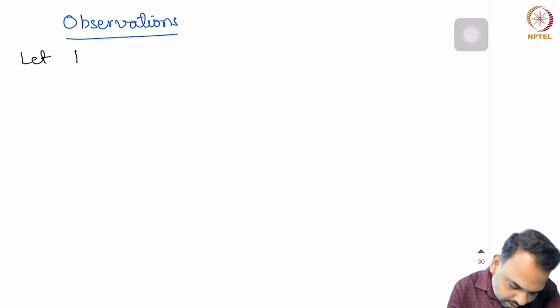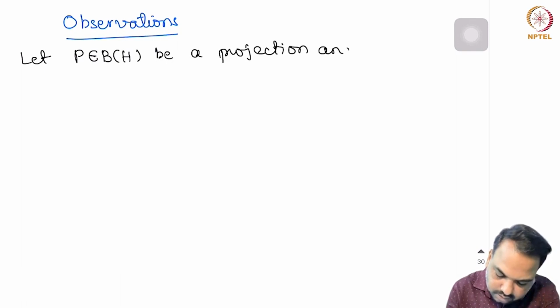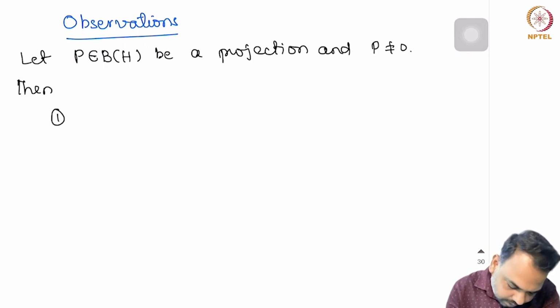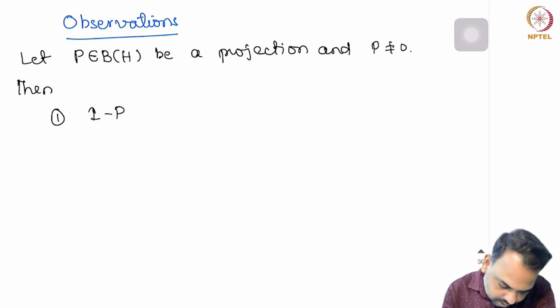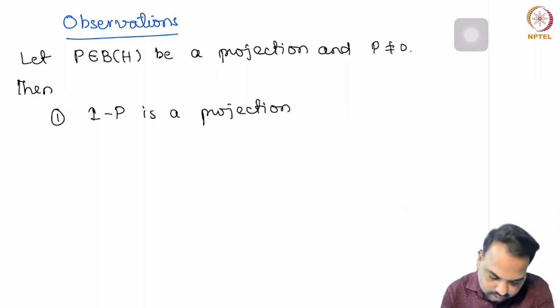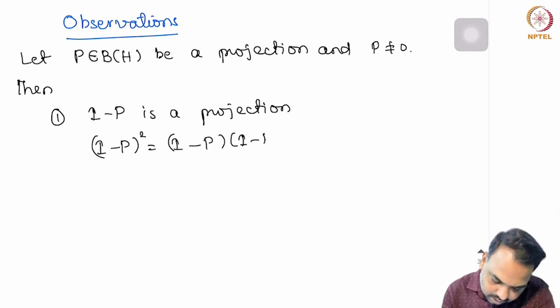Let P be a bounded projection which is non-zero. Then we have the following. Then I minus P is also a projection. So to look at this, (I minus P) square is (I minus P) into (I minus P).